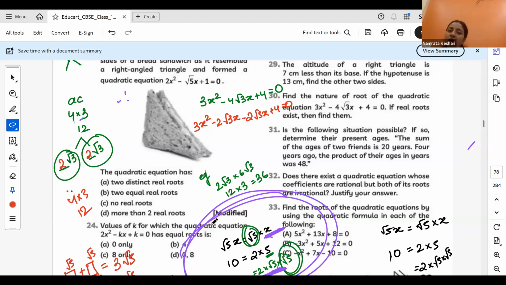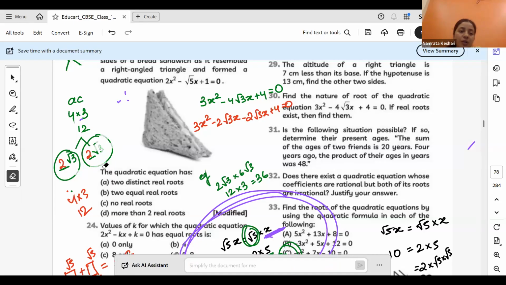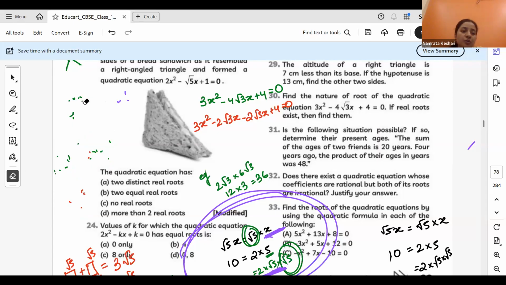That is also not that simple. You need clarity on what the common factor is, and if you are not understanding, write it separately to see the common factor from the first two terms and the next two terms. Whatever I have written on the screen, 2√3 and 2√3 added together give us 4√3. Yes or no?